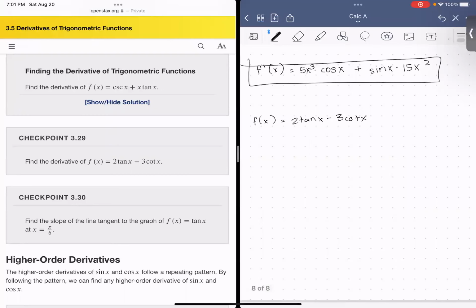So let's go ahead and just focus on the trigonometric functions. Don't worry about the 2, don't worry about the 3, don't worry about the minus sign. In fact, let's actually even rewrite this.